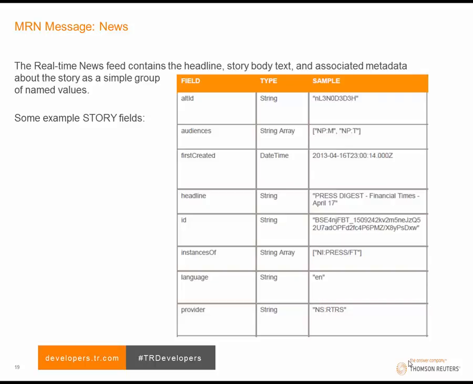Alt ID is actually the story identifier, a PNAC, that could be used to directly reference and subscribe to this data. First created, headline of the story that was published, ID, and provider who provided the specific item of news.